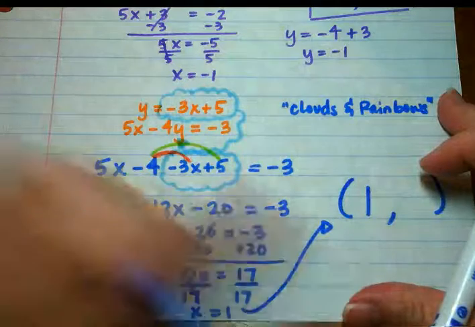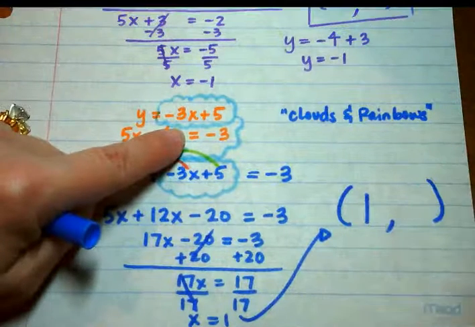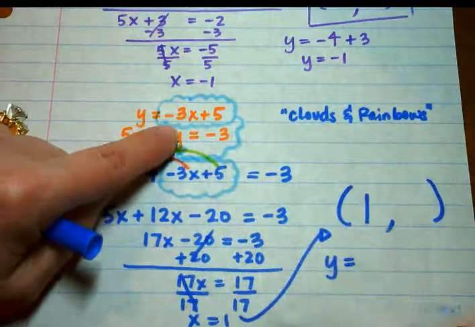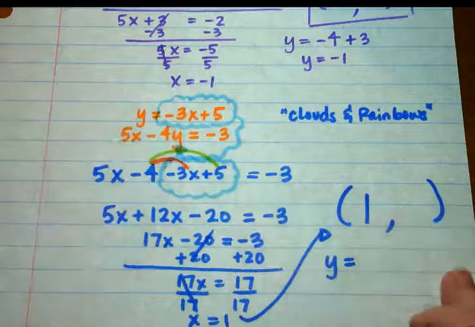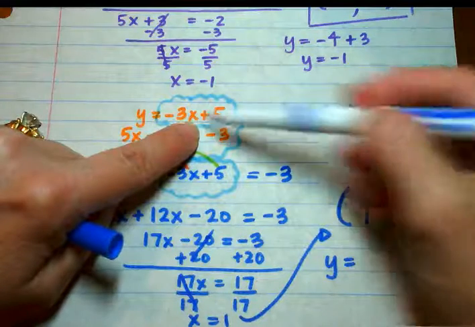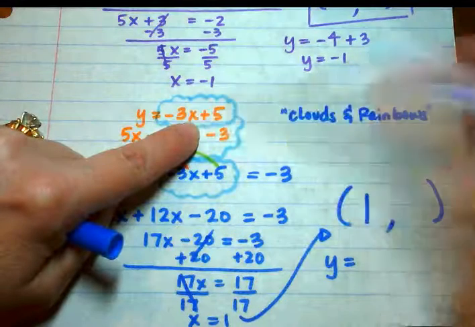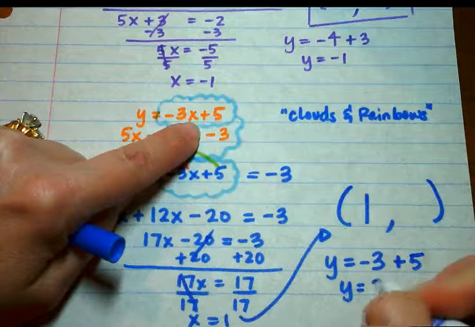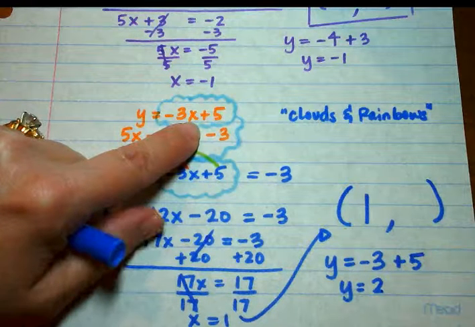I can use the first problem to figure out what y equals. Since x is 1, I fill in a 1 in place of x. Negative 3 times 1 is negative 3, plus 5. If I work that out, y equals 2.